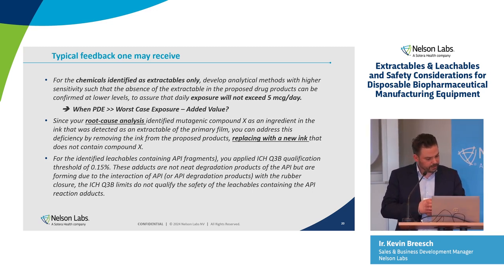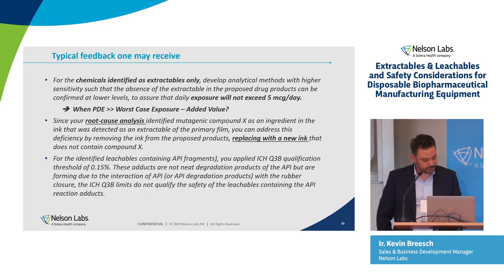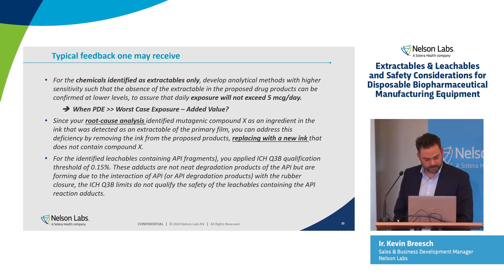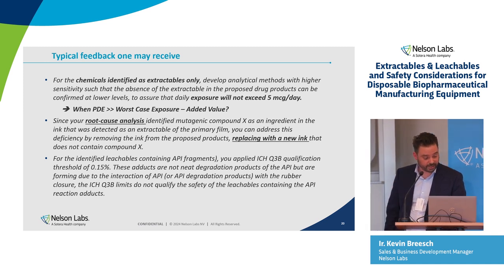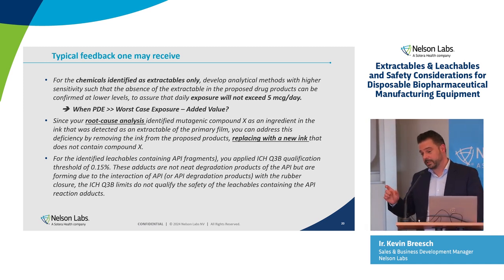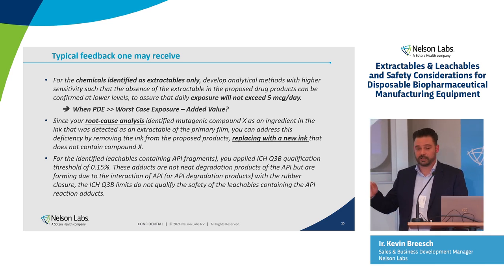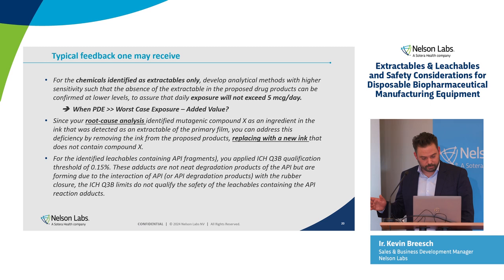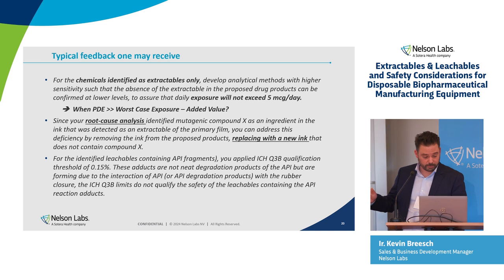Last example I have here: for the identified leachables containing API fragments, you applied, that was me, the ICH Q3B qualification threshold of 0.15%. In this case, the rubber oligomer formed an adduct with an API degradation product. These adducts are not neat degradation products of the API, but are forming due to the interaction of the API or API degradation product with the rubber closure.